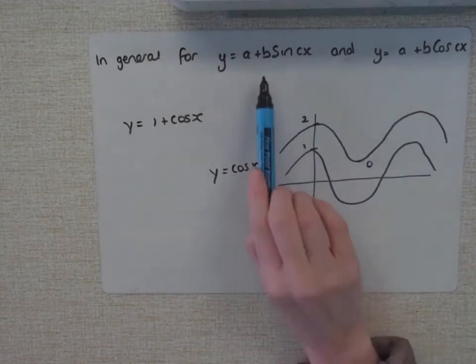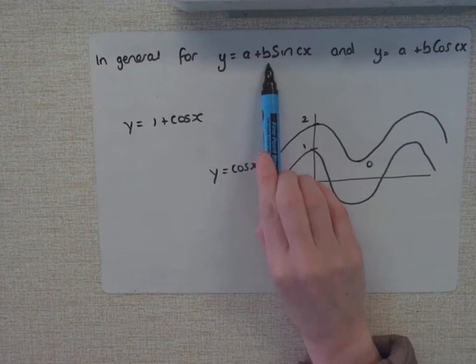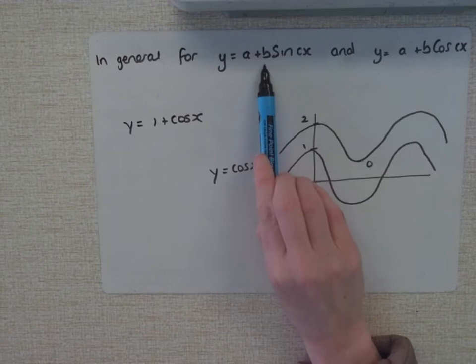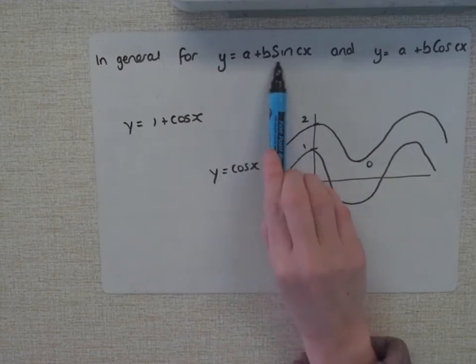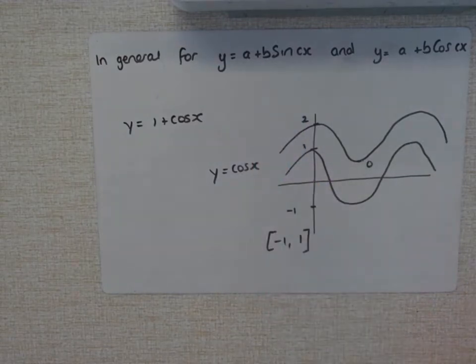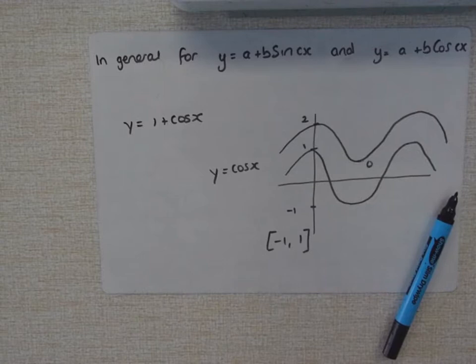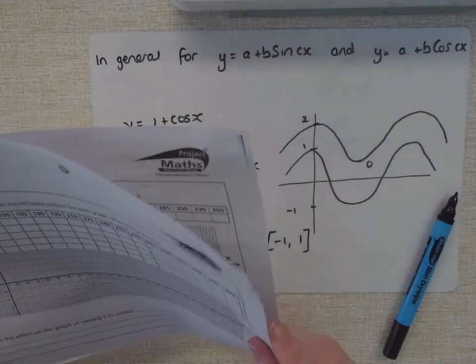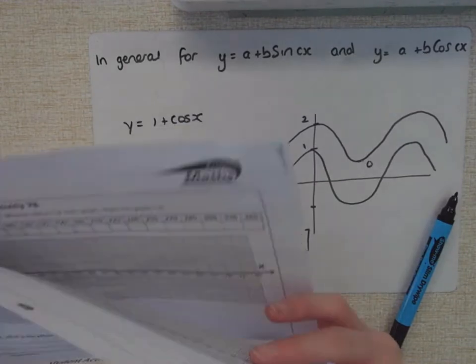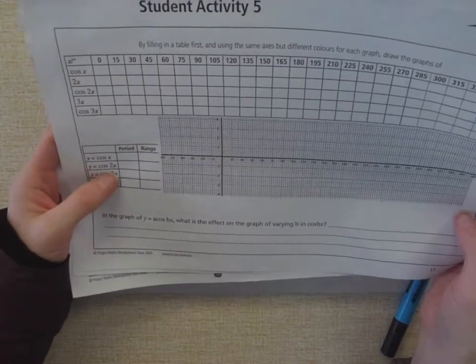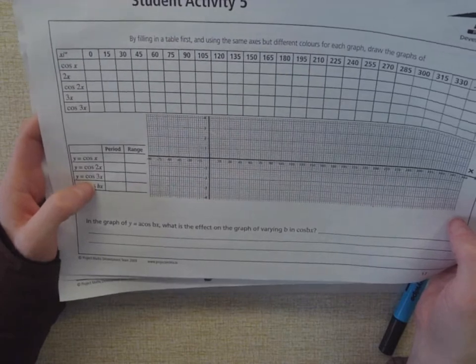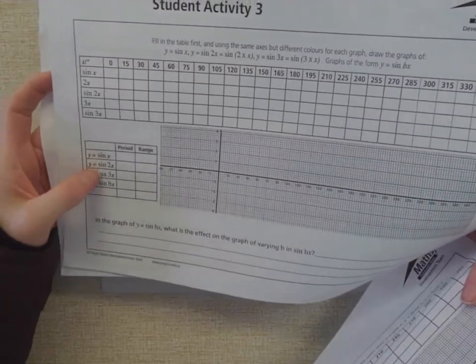Now yesterday we said, what happens if I multiply my trigonometric function by something? In this case, the b is here. So 2 times sine of x or 3 times sine of x. So looking at this one, the 2 cos of 2x, cos of 3x, sine of 2x, sine of 3x.